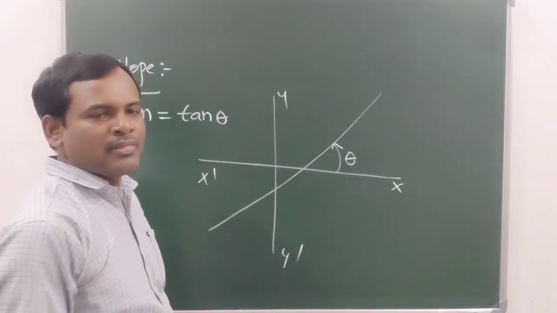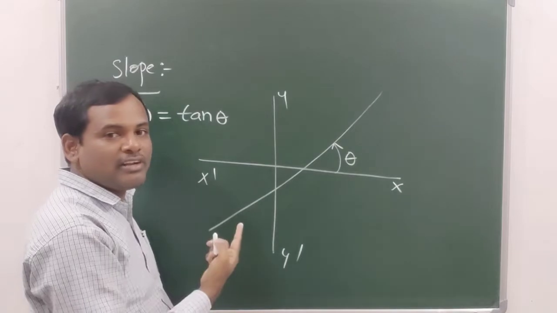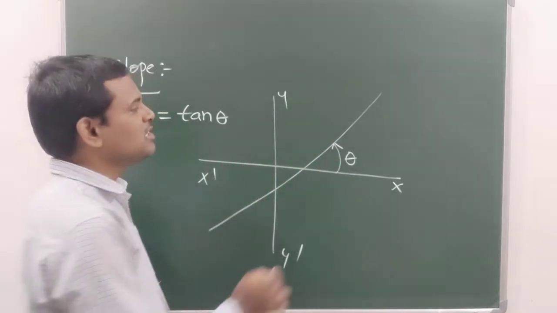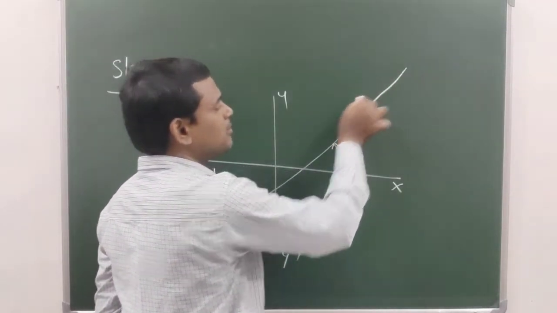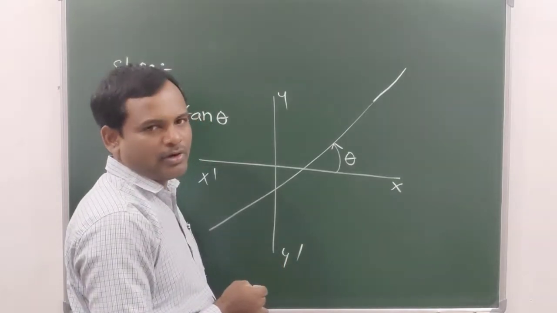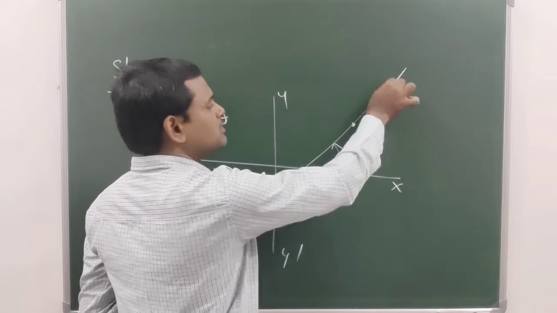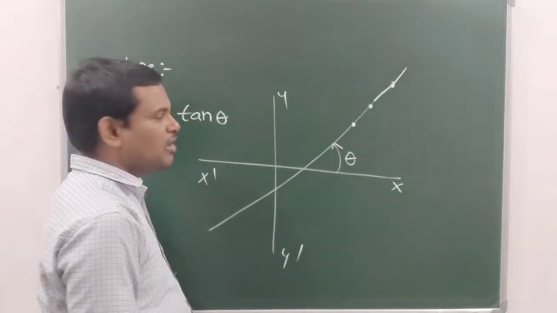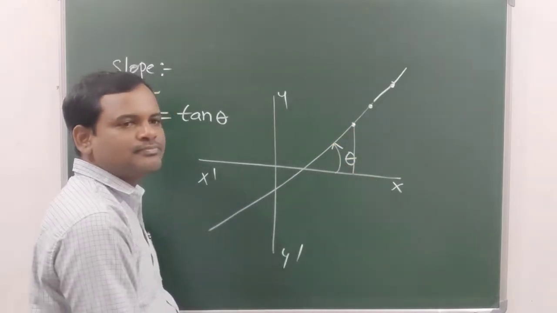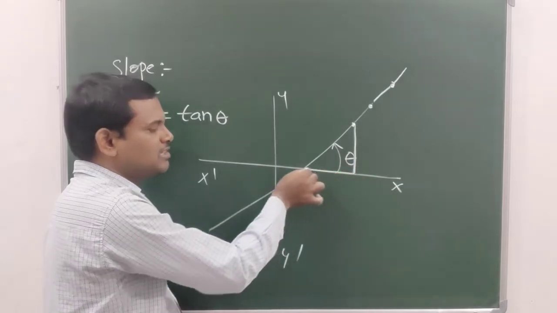Here you may get a doubt: why should we define only the tangent ratio with respect to this inclination? There is one reason behind it. On this line there are infinitely many points. Take any two or three points and drop a perpendicular from each point to the x-axis, and take the ratio of this length and this length.